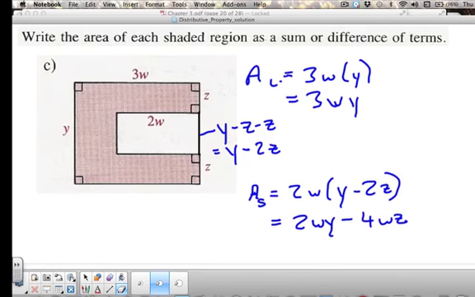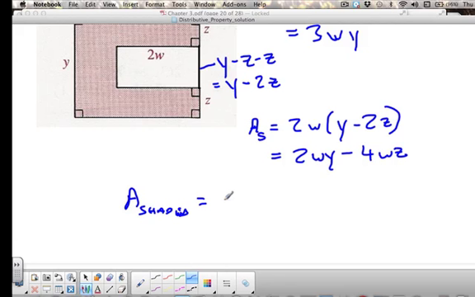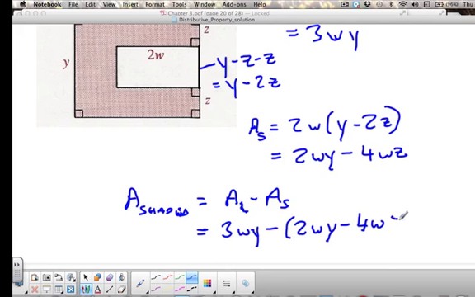To calculate the area of the shaded region, we take the area of our large rectangle and subtract the area of the small. That's an L for large. So this will be 3wy subtract 2wy subtract 4wz.